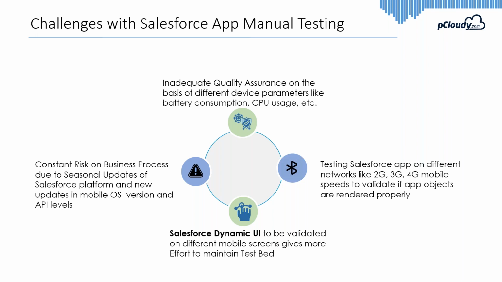Let's say if we are installing the application on a device, we need to check whether, while installing or while using that application, the battery consumption is going high or not. We need to check the CPU usage, whether it is going high or not. There are multiple other stats as well which we need to cover, and this is something which becomes quite challenging when we are testing the Salesforce application.